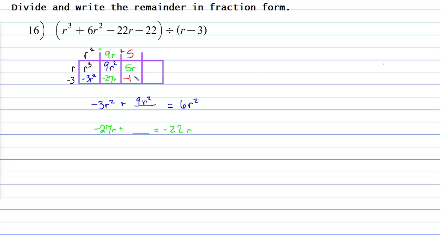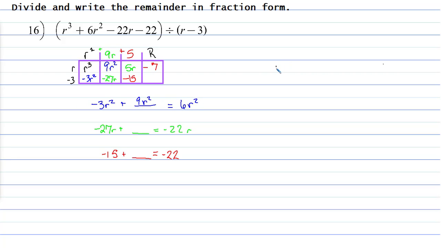Multiply to come down. And since this is the last one and doesn't have the variable, we're in our remainder column. So negative 15 plus something is equal to negative 22. And that something is going to have to be a negative 7.